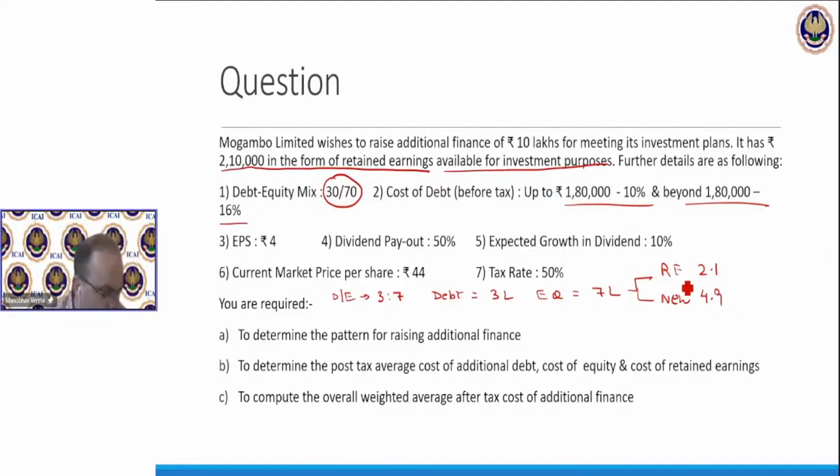I think this is what the majority of you are telling me. Yes, Himanshu. In debt, 3 lakhs, we're talking about 1.8 at the rate of 10%, and probably 1.2 at the rate of 16%. This is the pattern for raising the additional finance. Is everyone okay here?